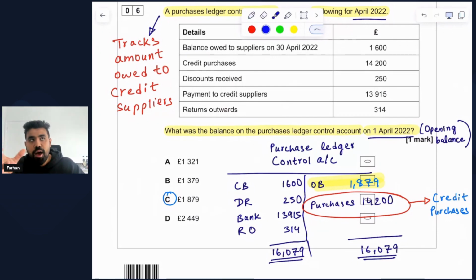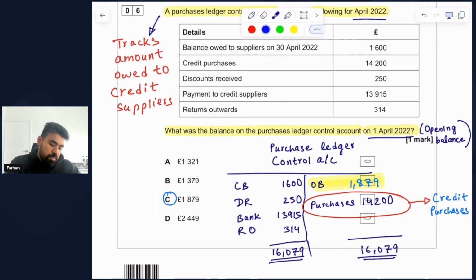So if you think about it logically, discount received should definitely decrease the amount that the business owes to its credit suppliers, and therefore needs to be included on the debit side. So you can see on the debit side, I've written discount received, which is DR for short, of £250.